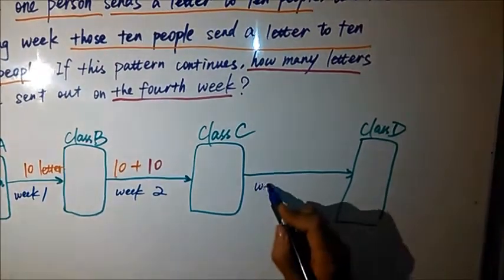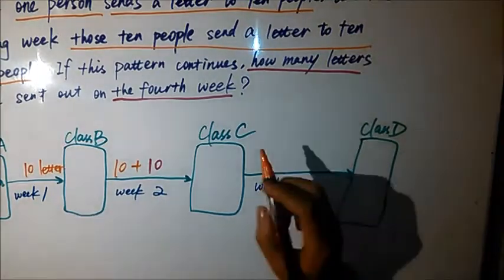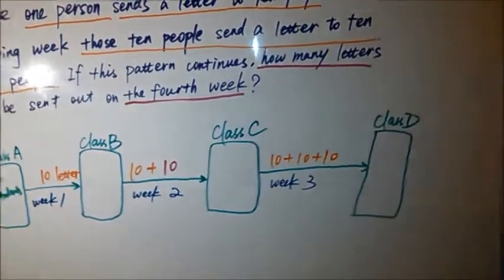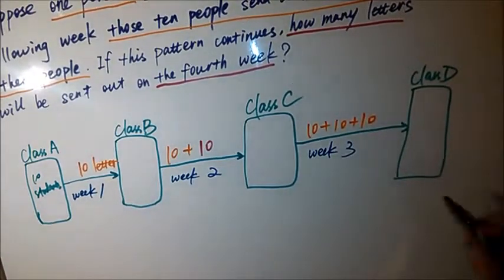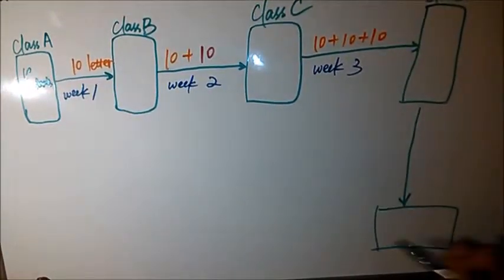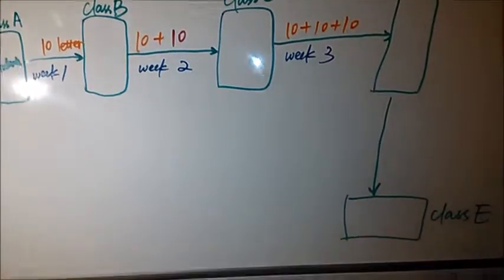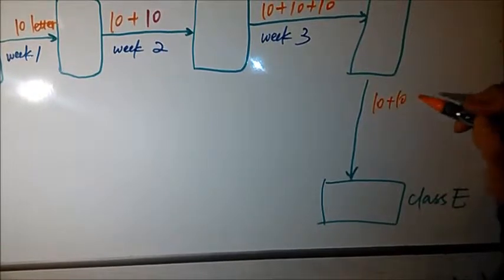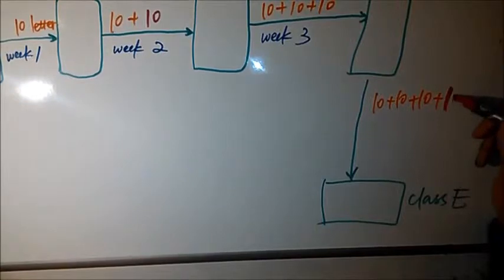And class D, for the 4th week, there's 10 plus 10 plus 10. Class D for the 4th week sends out 10 more letters than what class C sent. It will be 10 plus 10 plus 10 plus 10, okay?